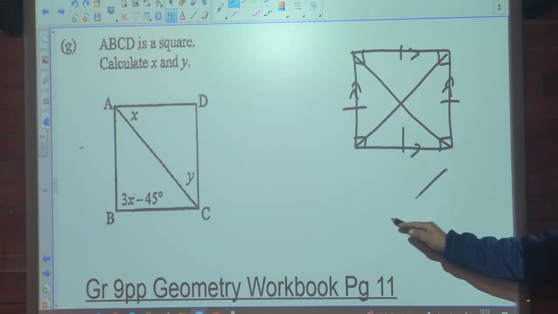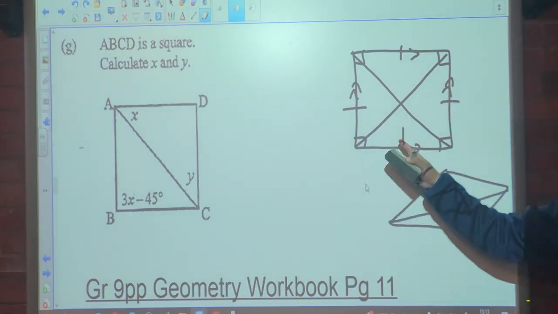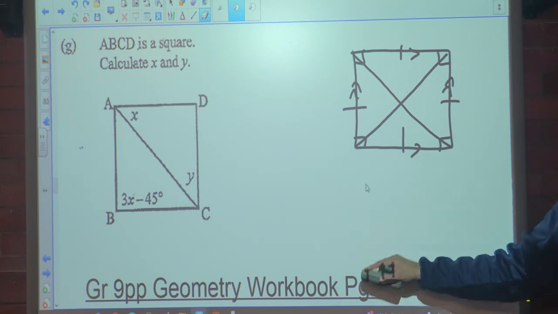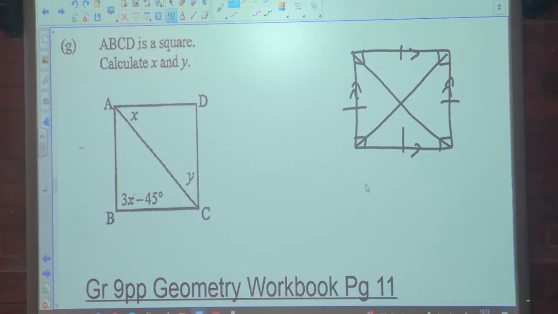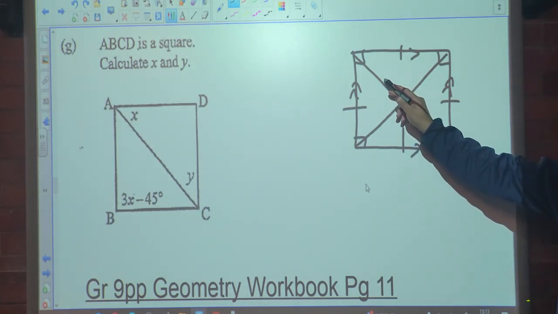How can it be a rhombus? Remember the rhombus? Looks like it. Is that diagonal the same as this diagonal? No, this one is longer. It's only 2 shapes where the diagonals are equal. The one is a square and the other one is a rectangle. Okay? Then we know that diagonals bisect each other equally.